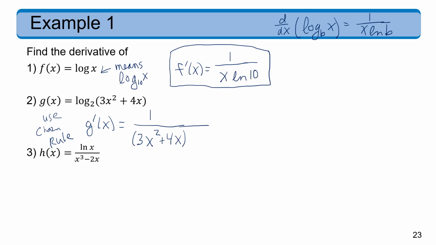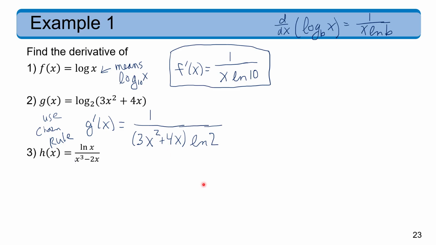So it's 1 over x times natural log of the base, which, this one has base 2. That was applying this rule to log base 2 of the inner function. In place of the x, we have this inside part.